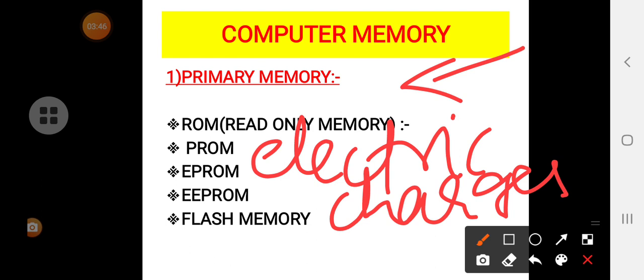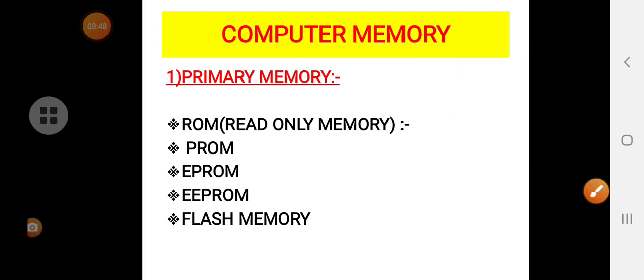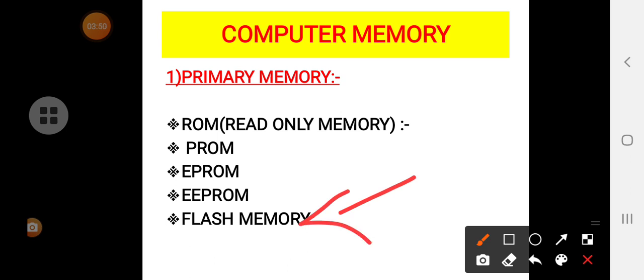Next is flash memory. Flash memory means all the things on the ROM can be erased, refreshed or rebooted, we can say. That is how it is done.